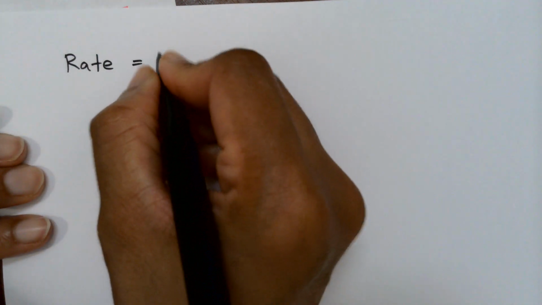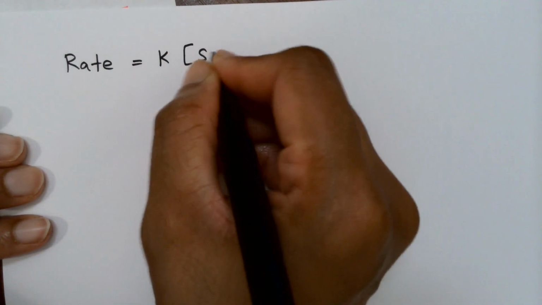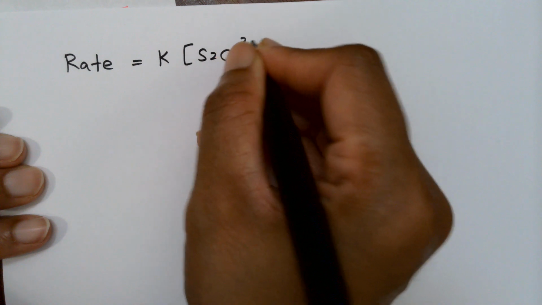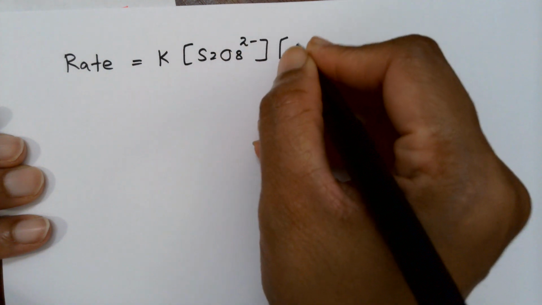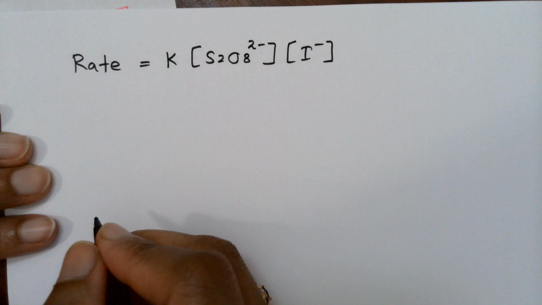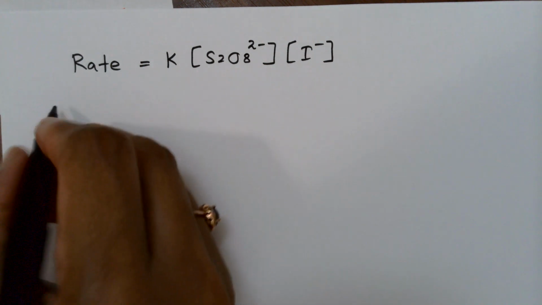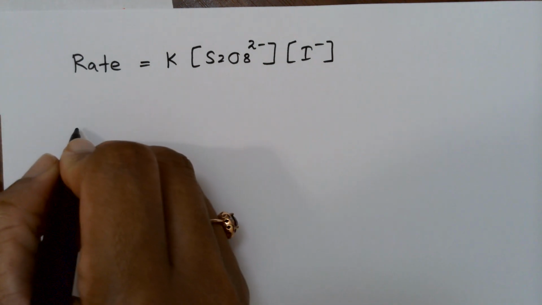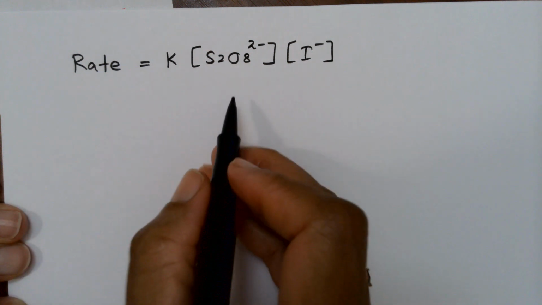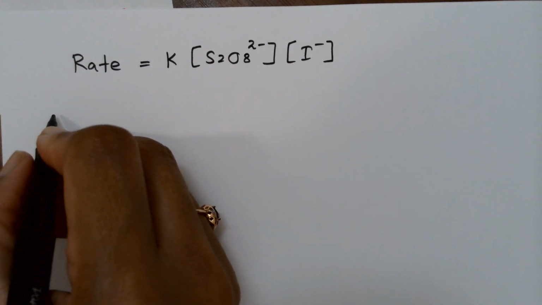So our rate expression, I will write again here: rate is equal to rate constant times S2O8 2 minus times I minus. That is our rate law. So if we pick experiment 1, 2 or 3, any of the experiments, we can calculate K then. I will pick the first one.